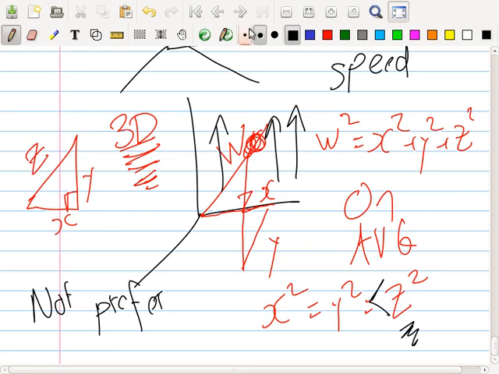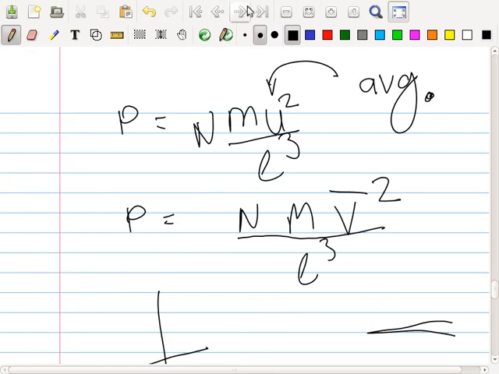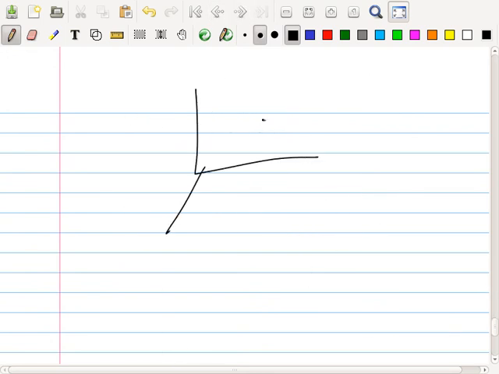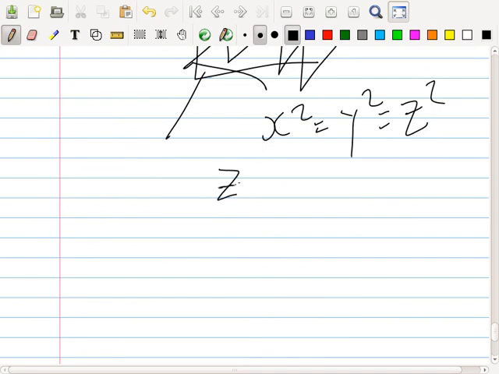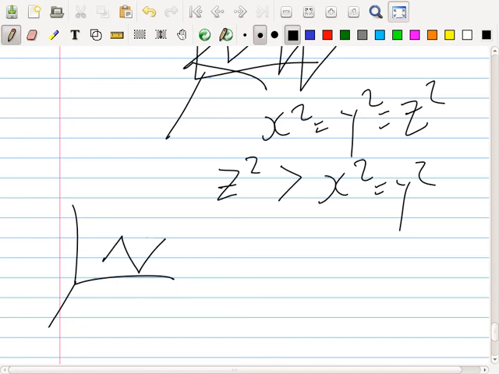Here, look. All different directions, yes? That means you must have this. Because if z squared was more than these, then what would that mean? That they move around, but they're moving more up than any other direction.